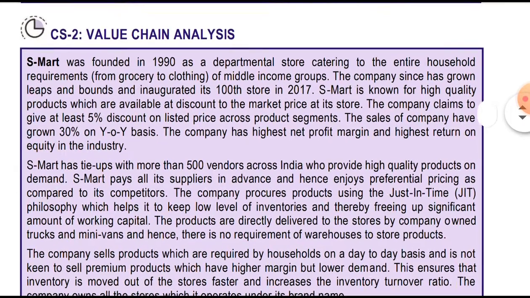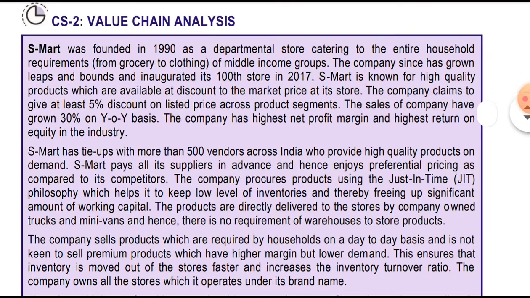Smart was founded in 1990 as a departmental store catering to the entire household requirement, from grocery to clothing, of the middle income group. The company has since grown by leaps and bounds, and inaugurated its 100th store in 2017.